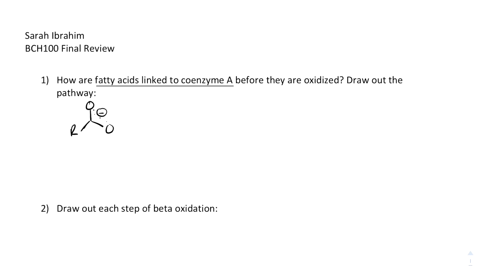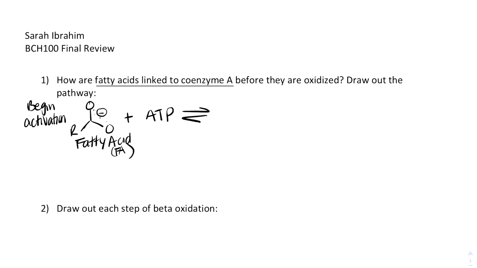So we're going to begin the activation of the fatty acid. Through the addition of ATP in a reversible reaction, we produce acyl adenylate, which is an acyl group and an AMP group.